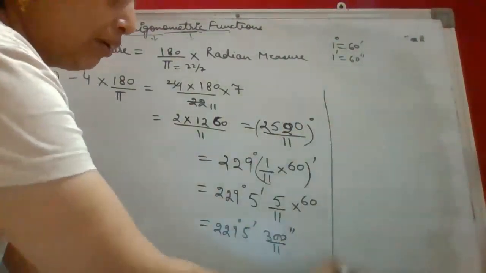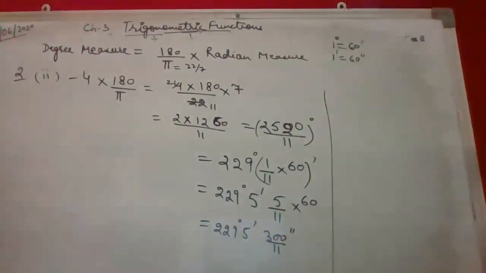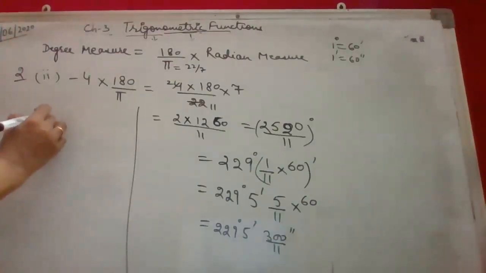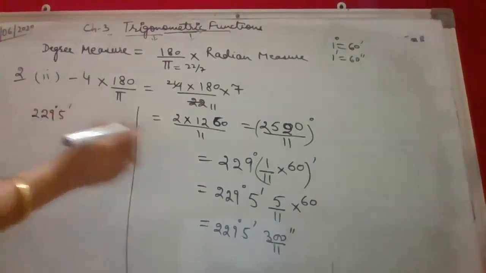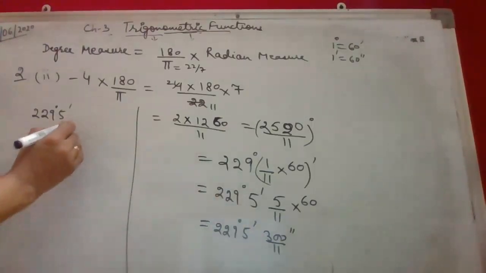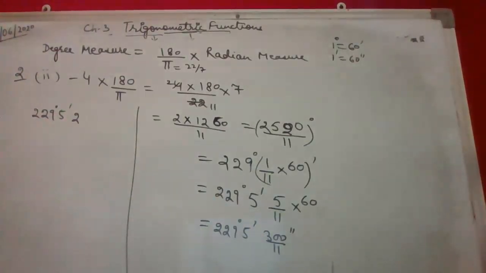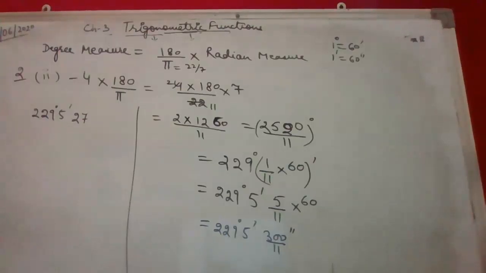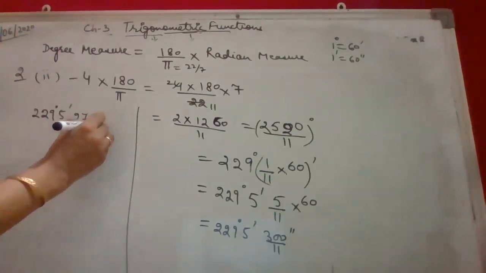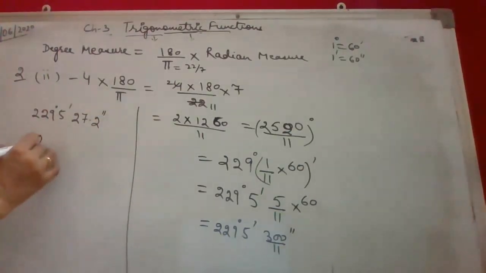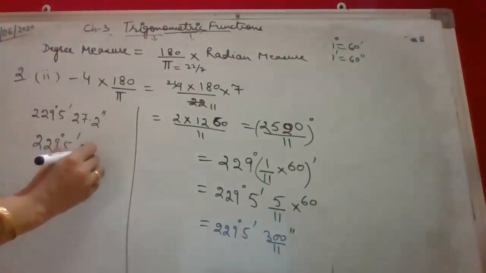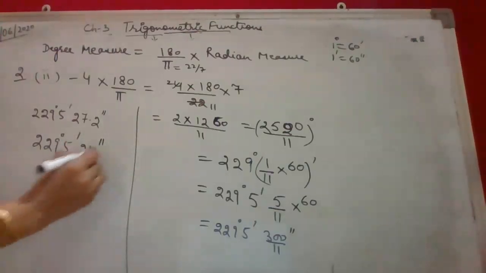So 229 degree 5 minutes, and again if we are dividing, 11 twos are 22, 8 is left and 11 sevens are 77, 3 is left. This will be approximate. So the answer is 229 degree 5 minutes and 27 seconds approximate.